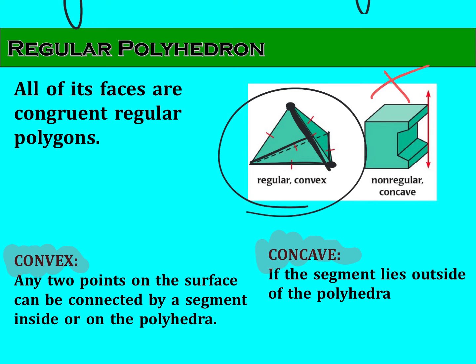Now, when it's concave, like this little guy, if I were to choose these 2 points and connect them, there is no way that that's going to be on the polyhedra. So therefore, it is not convex, it is concave.